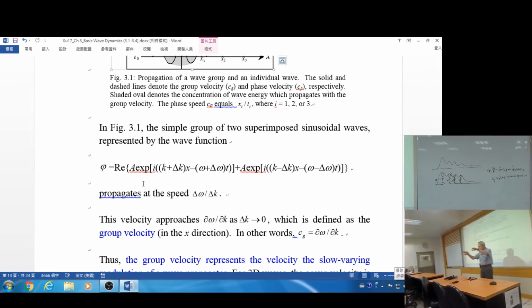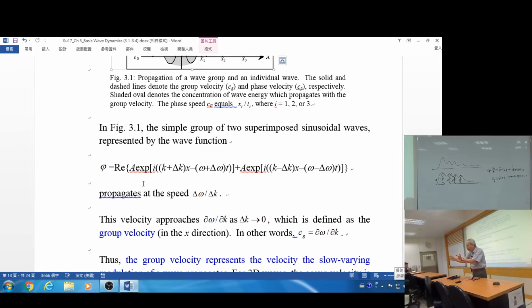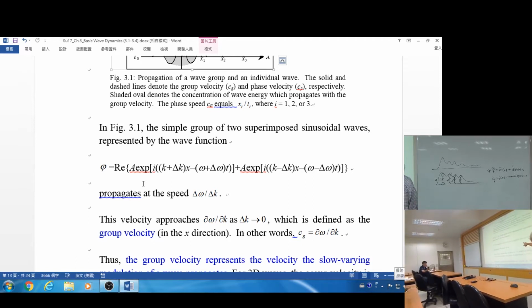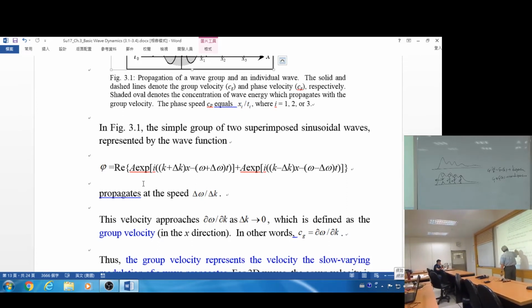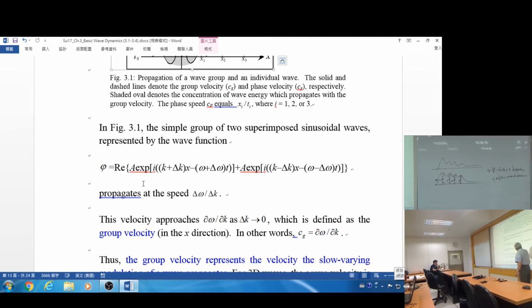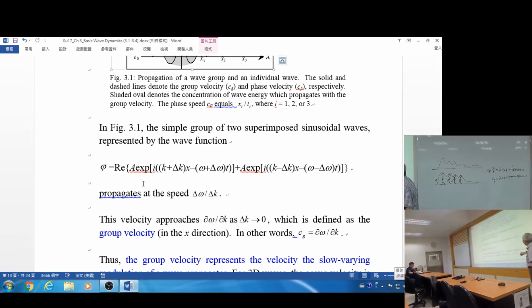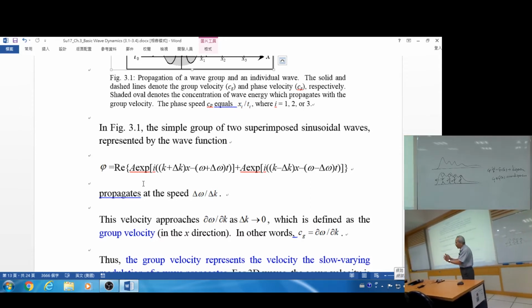So consider two waves with different wavelengths and add them together. Now the propagation is at a speed of delta omega divided by delta k, and you take the limit of this, which will become partial omega partial k, or d omega dk, if delta k approaches 0. That is the group velocity.